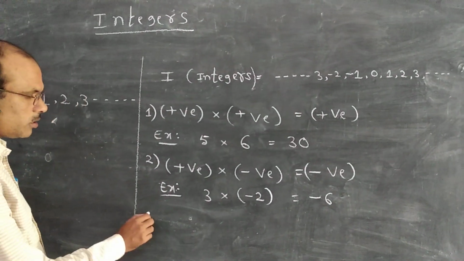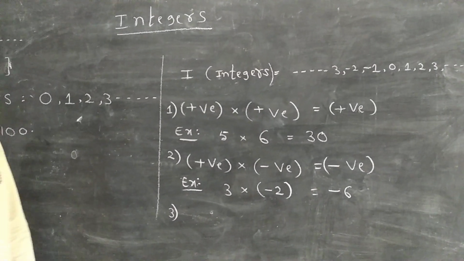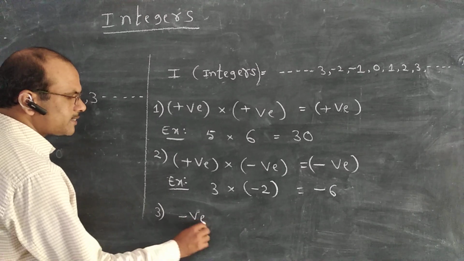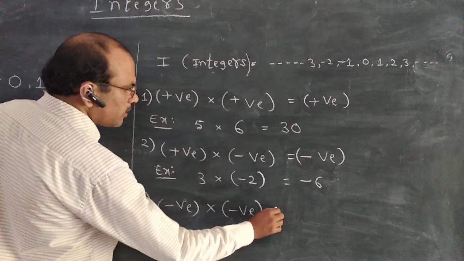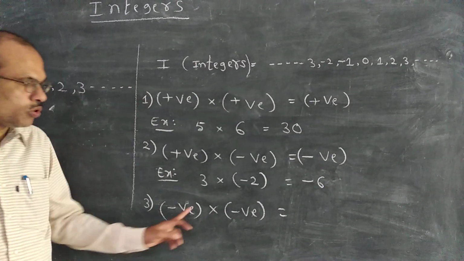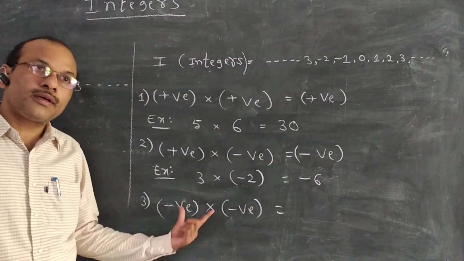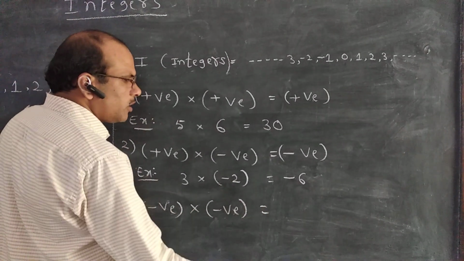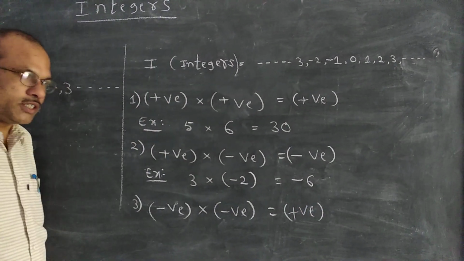Now coming to the third type of multiplication with different symbols. Let us take both integers with negative symbols. If two integers with minus symbols are multiplied, then we will get an integer with a positive symbol.